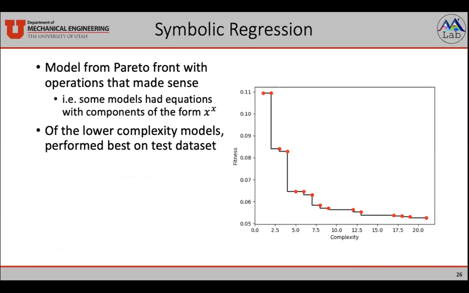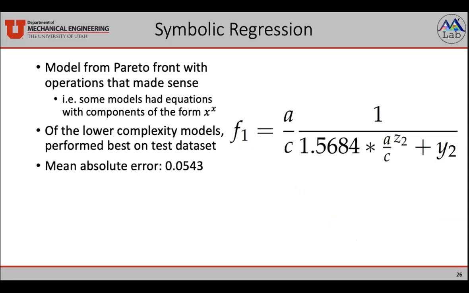Of these equations, we tested which equations performed best on a test data set that was separated at the beginning of training, which is 20% of the data, and the training data was 80%. And the equation that fit the test data the best was this equation represented by this red dot with a complexity of 9. And that is this equation.